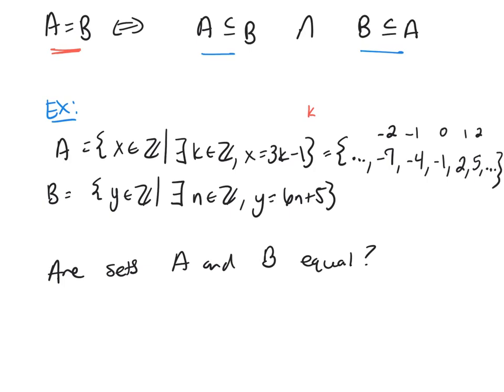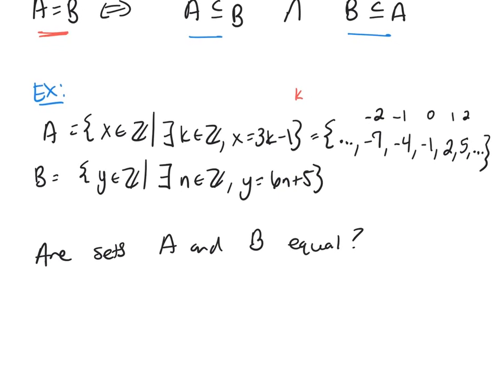Okay, so I wrote out a few elements of this set A. Let's also write out a few elements of this set B. So here, what I need to do is pick values for N. So for N, let's start with -2. If you plug in -2, you're going to get -7. If you plug in -1 for N, you'll get -1.